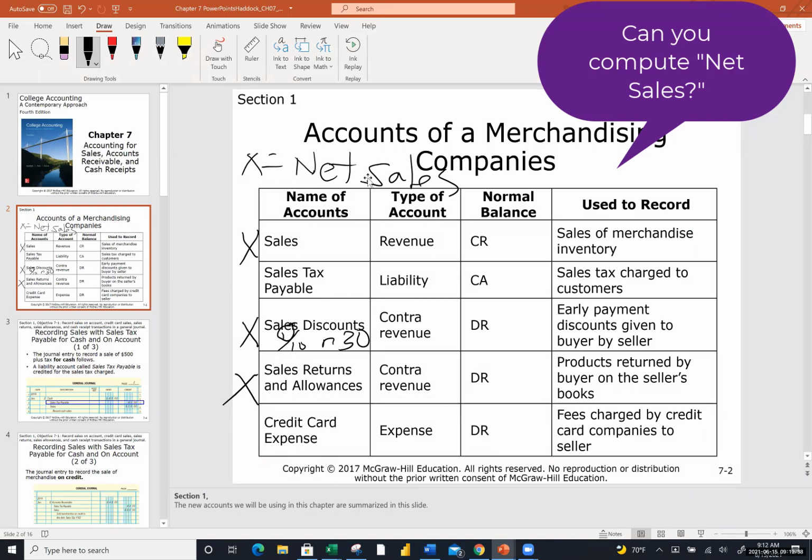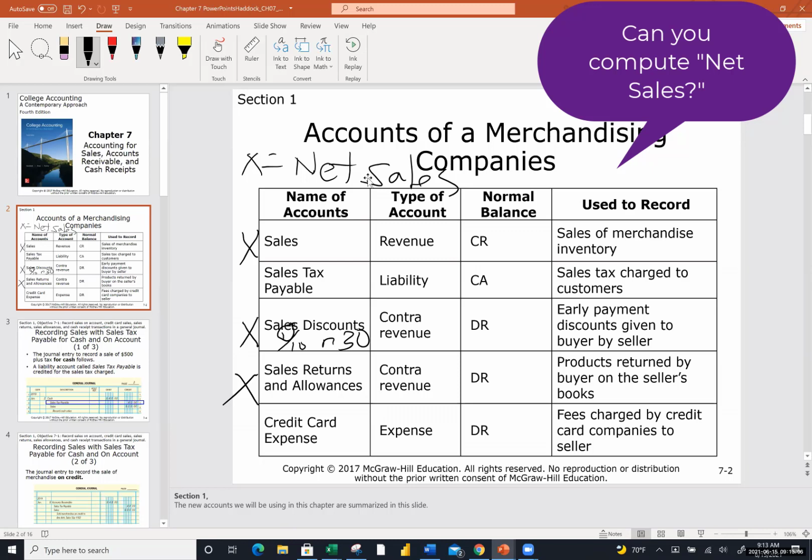And that's one of the goals of this chapter, the ability to calculate the first large chunk on an income statement. So you haven't seen an income statement yet for a merchandiser. We're going to go from this very easy income statement that we learned in the first 6 chapters, right? If you think back about that income statement, it was just the fees income less a few expenses and you got net income.